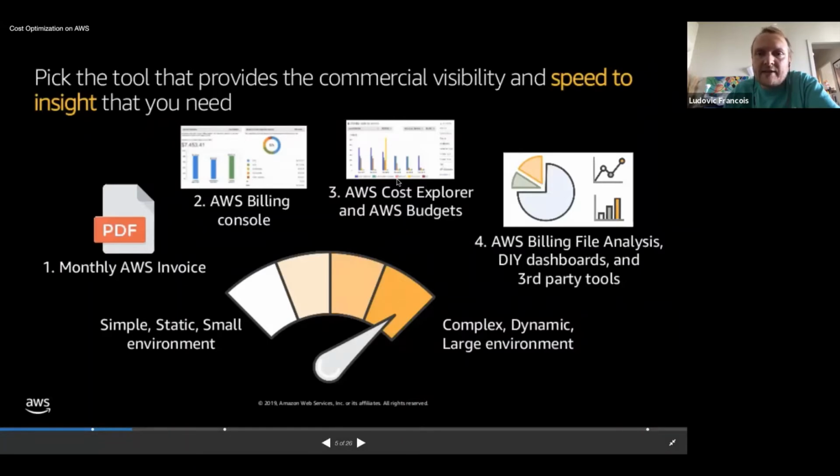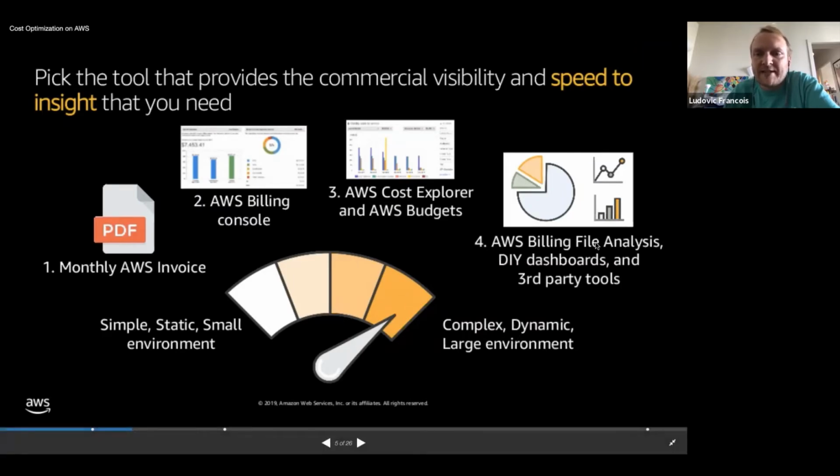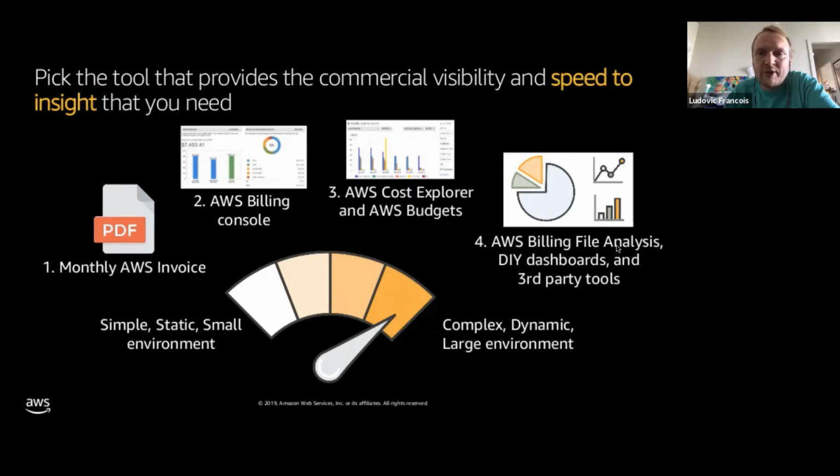And like Cost Explorer, AWS Budget is one way to look at your data and to understand your cost. Well, first you have the billing console. And from very simple to more complex, there are files you can enable going to your S3, and you can use a DIY dashboard, for example pushing the data to Elasticsearch, or just from QuickSight, and you will find a lot of open source solutions doing that.